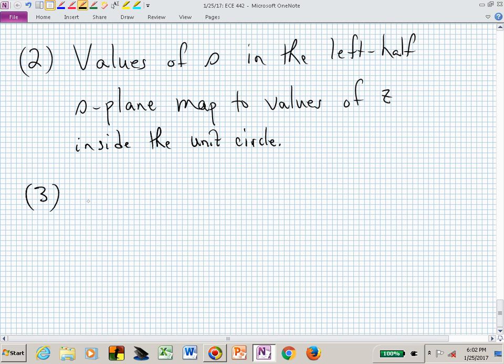Another observation, theta sub d that we had defined to be omega sub d T is just some angle.